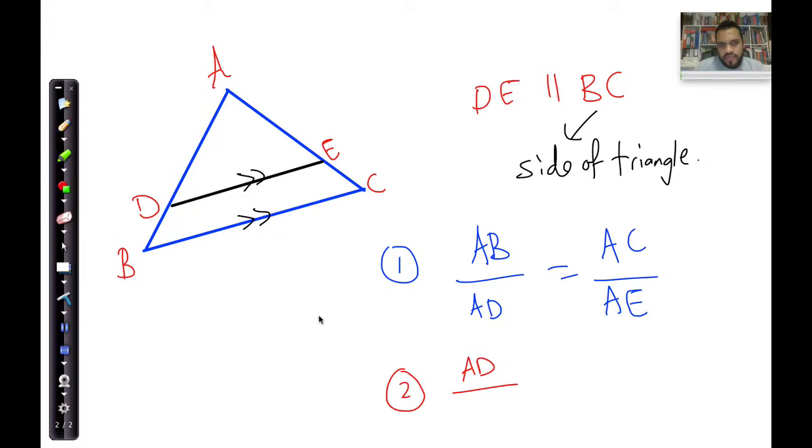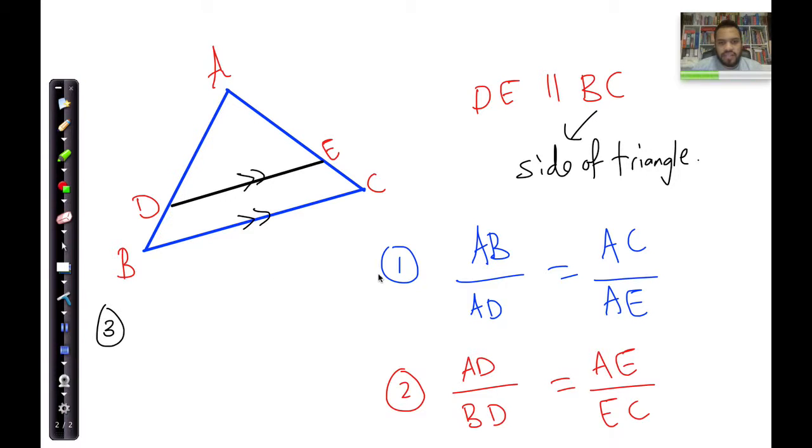I've got that short side divided by the other part of the side, and then for the other ratio, I'm going to get that short side, which is AE over EC. Finally, I could have also said the long side divided by the short side. That's a third set, and that's also true.